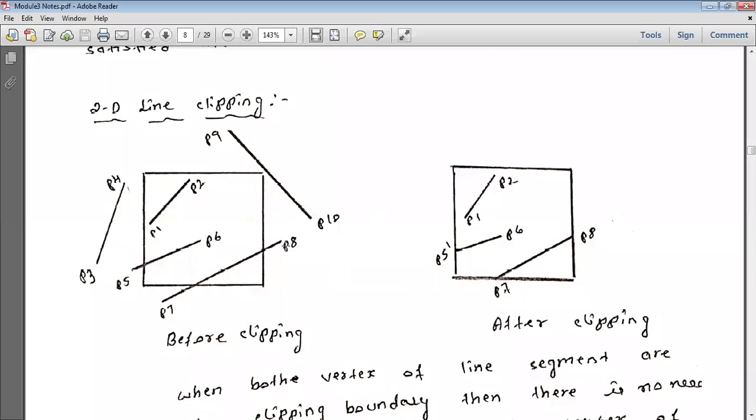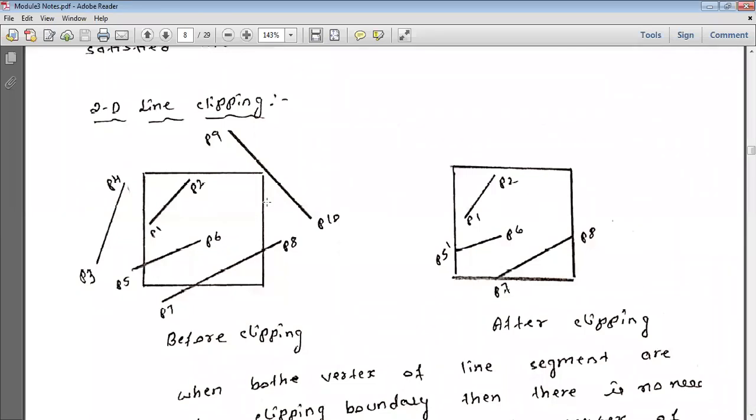Now let us see here. This is my window, and the constraint here is that I need to retain all the lines or the parts of the lines that come within this window, and I need to delete all the lines or the parts of the line that come out of this window.